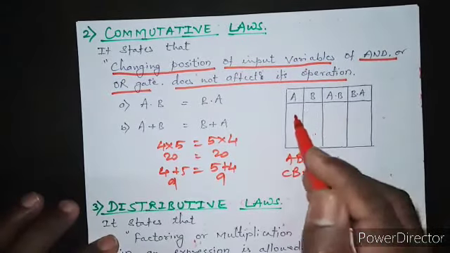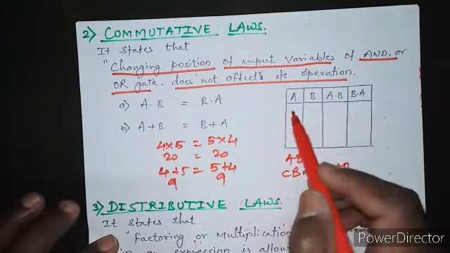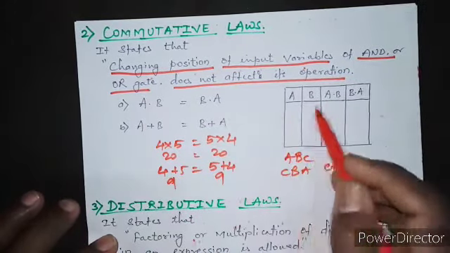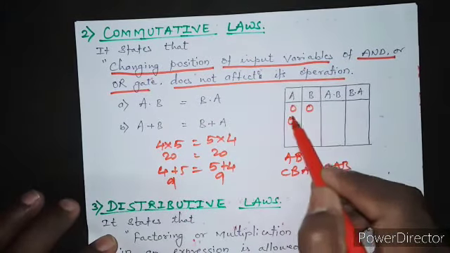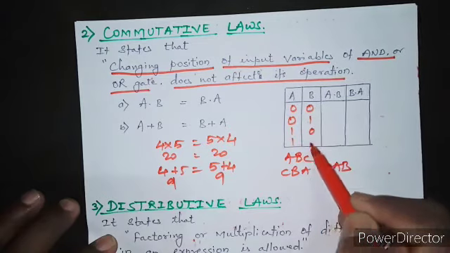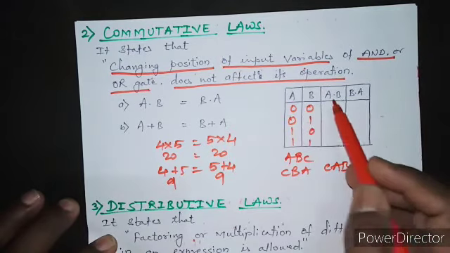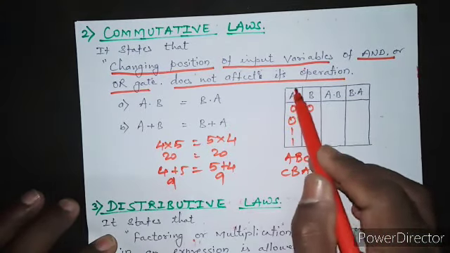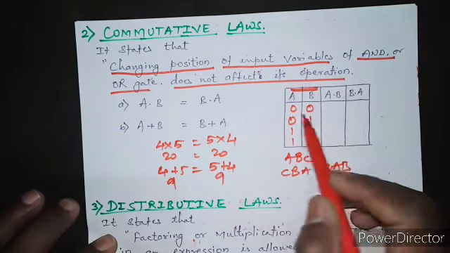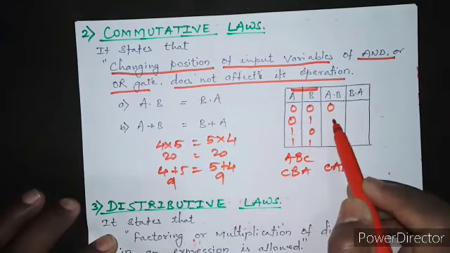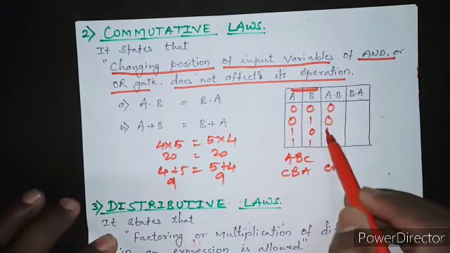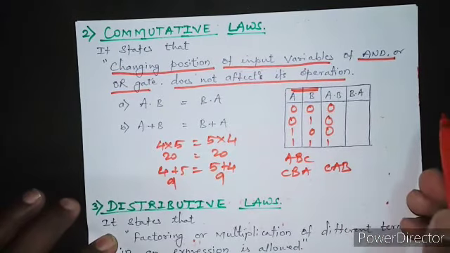Let us try to prove this with the help of a truth table. Since we have two inputs, we have 0 0, 0 1, 1 0, 1 1. A dot B, the ANDing of these two: 0, 0, 0, 1.